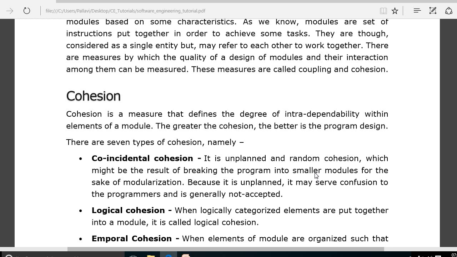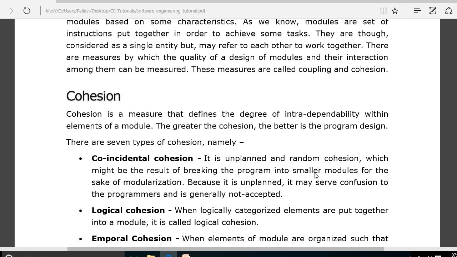So cohesion defines the degree of interdependability within the elements of a module. So it is very important. We have 7 types of cohesion, which you can see one by one.